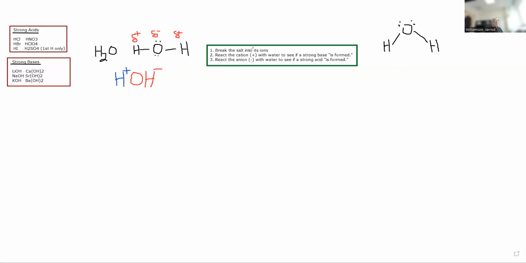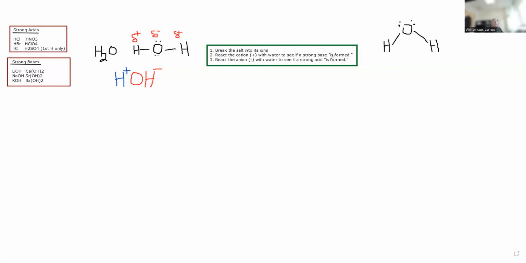I'm going to give some salts and our three-step process that I'm going to have you guys learn to analyze whether a salt put into water will make the solution acidic or basic. Step one: we're going to break the salt into its separate ions. Step two: we're going to react the cation with the water, and we're going to think of the water as H plus and OH minus, to see if a strong base is quote unquote formed.